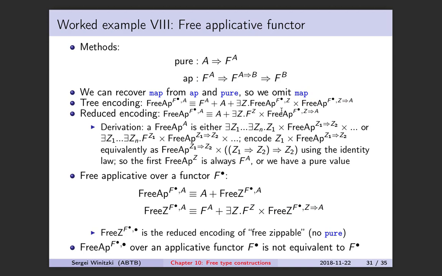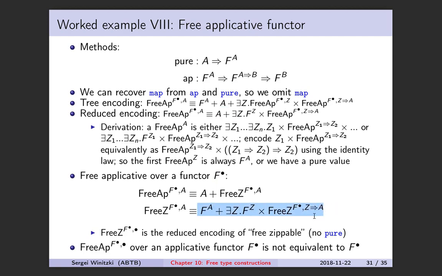We can still reduce this, but we do need to have a wrapped constructor, but the A is outside of the recursion. So the only gain that we have is that if the type constructor f is already a functor, then the pure value is outside the recursion. Other than that, it's a very similar construction.